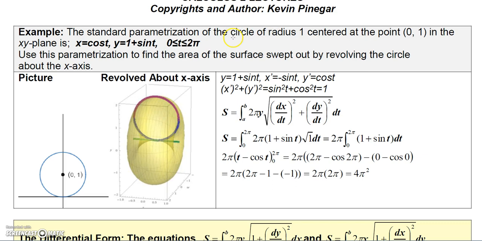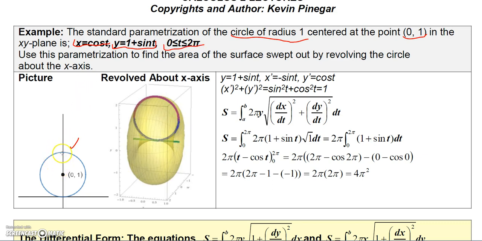Alright, so let's talk about what if our curve was a circle of radius 1 centered at the point 0, 1. Here's the circle that I'm talking about. The way we would parametrize that circle would be x equals cosine t and y equals 1 plus sine t. And to get the entire circle, t would have to go from 0 to 2 pi.